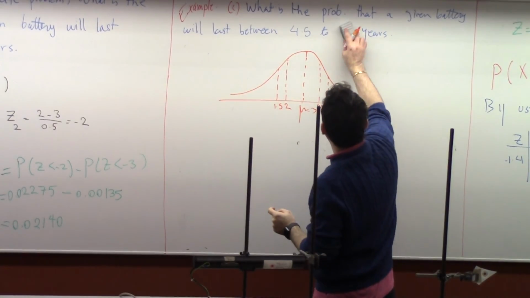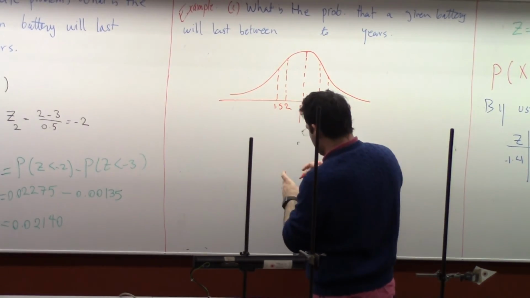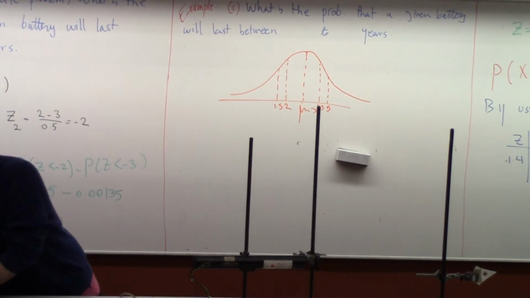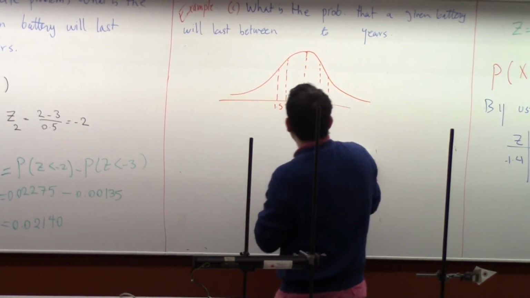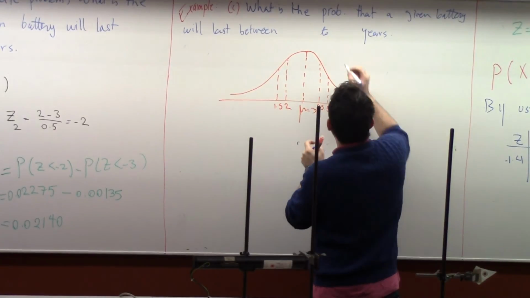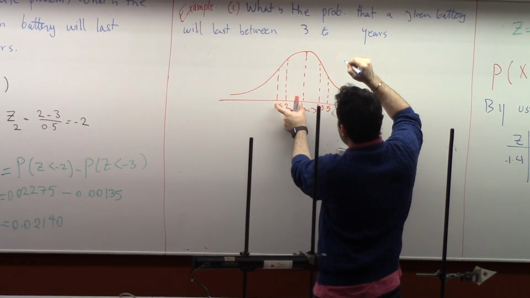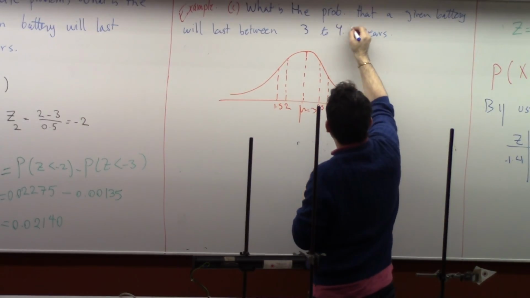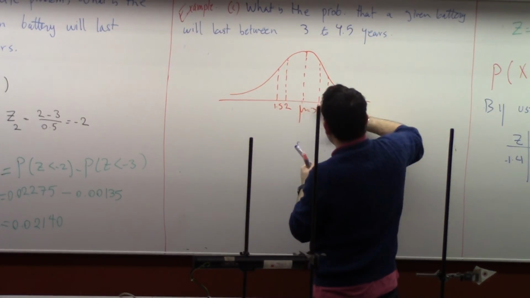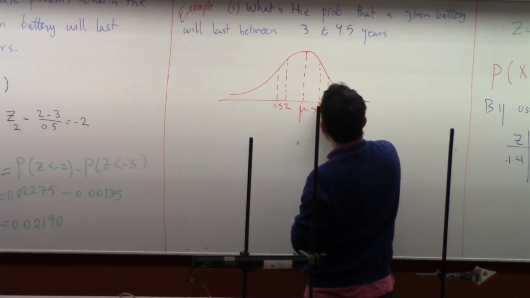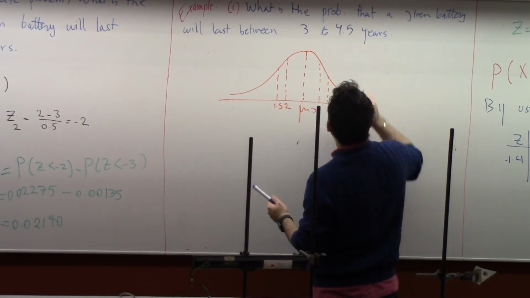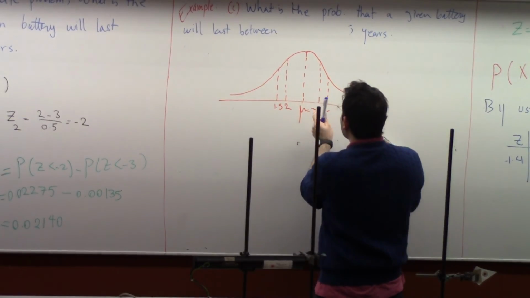No, it should be, this is 1, so it should be 3, 2, and this is 2, 1.5, 4.5. Come on. 4 to 4.5. It's 1 is 4.